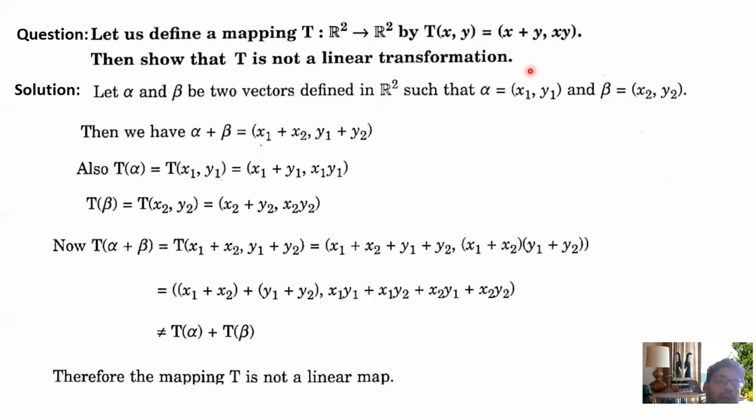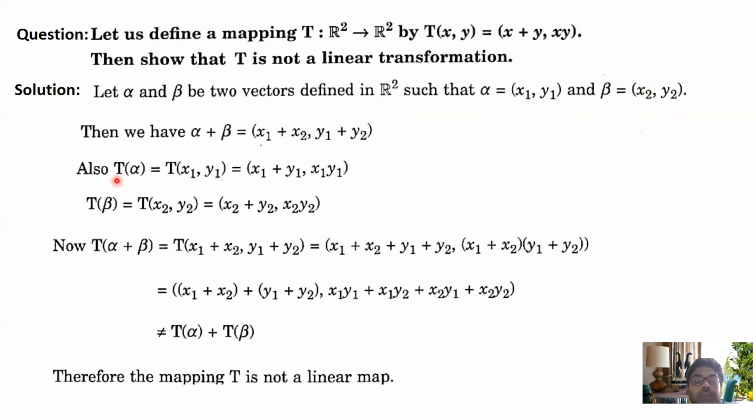Okay, very simple. Let alpha and beta be two vectors defined in R square domain, such that alpha is equal to (x1, y1) and beta is equal to (x2, y2). Then we have alpha plus beta equals (x1 plus x2, y1 plus y2).